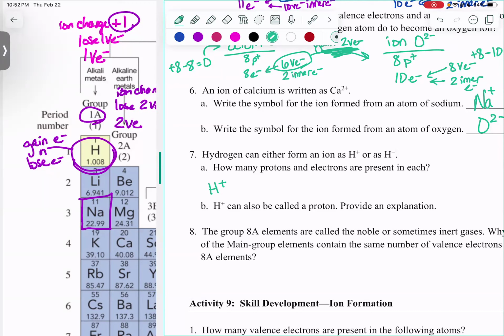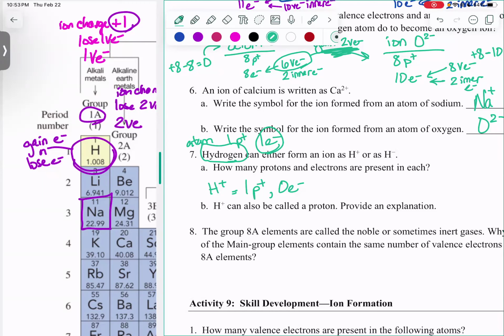Well, I know in a hydrogen atom, I have 1 proton and I have 1 electron. So in order to be H+, I'm going to have to lose this 1 electron. So H+ is going to have that same 1 proton, but it's not going to have any electrons. So the loss of the electron makes it an H+.